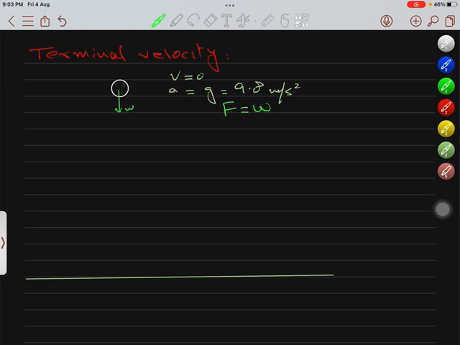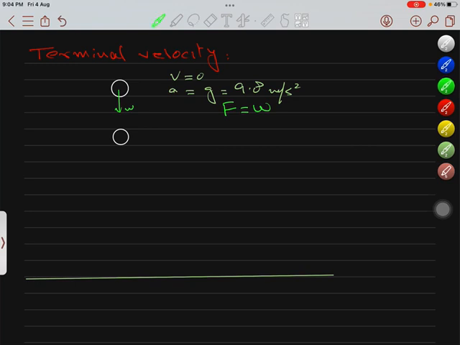Let's suppose the ball reaches the next level here. At this point, the speed is not 0, now the speed has increased. Now since the ball has gained some speed, the air resistance will not be 0 as well, so air resistance will also increase.